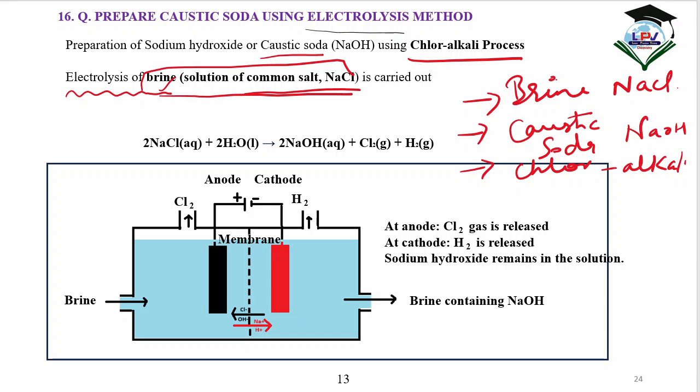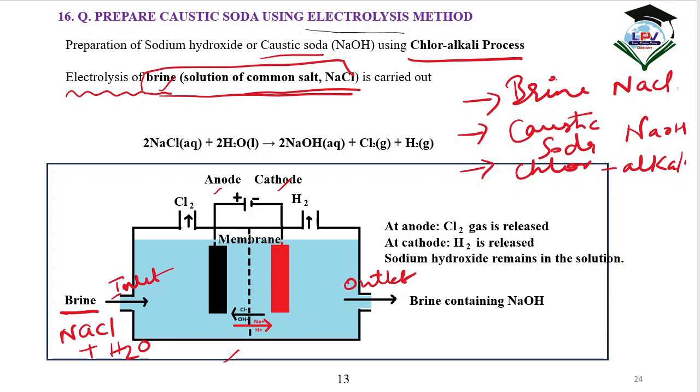Students, here you have a compartment. This compartment is provided with an inlet and an outlet. In the inlet, brine is taken, nothing but your sodium chloride with water. There are two electrodes attached to the compartment.